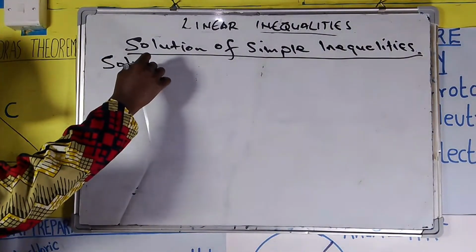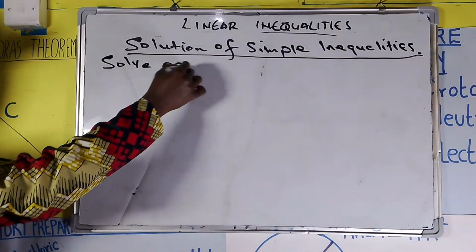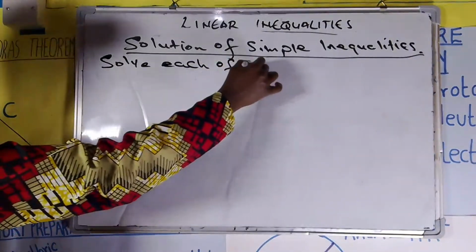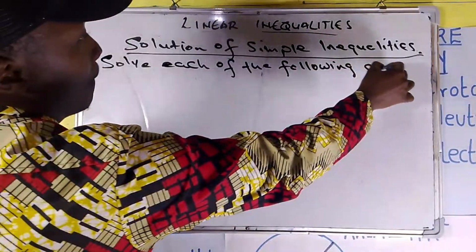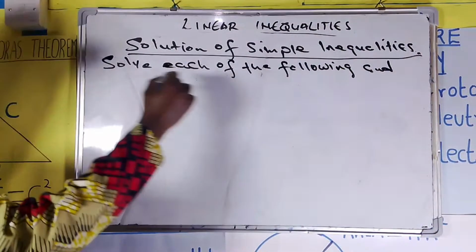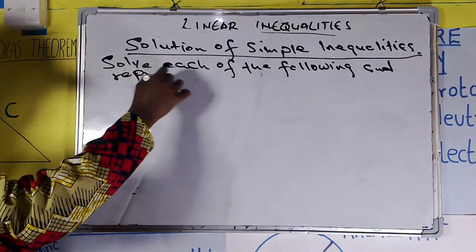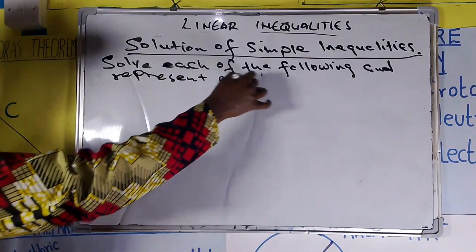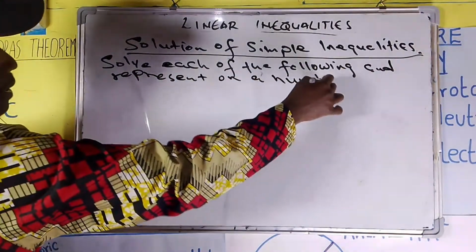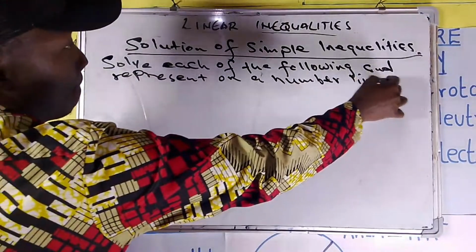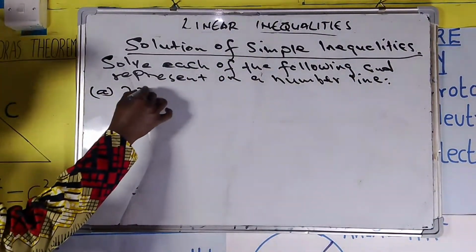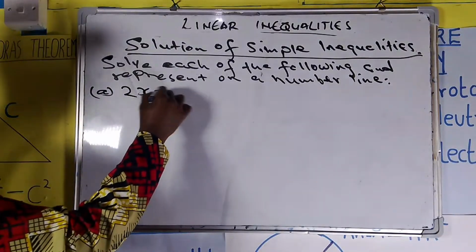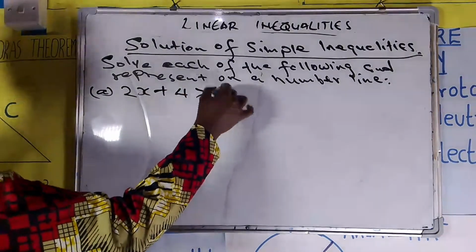Solve each of the following and represent on a number line. A: 2x plus 4 is greater than 10.